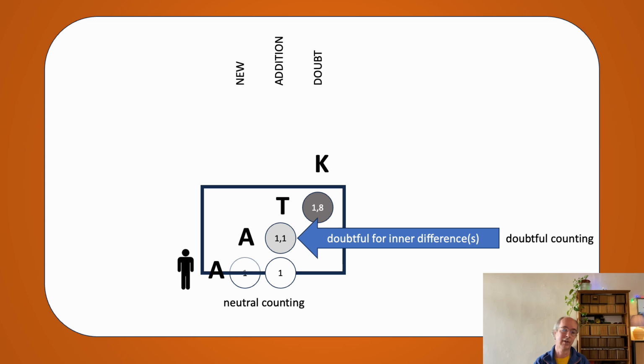So in a way we could say with the T there we already had some doubts if we could still use it, and we can calculate this difference by using numbers like 1.1, 1.3 and so on. This kind of counting is, I call that doubtful counting, because you can't use it.